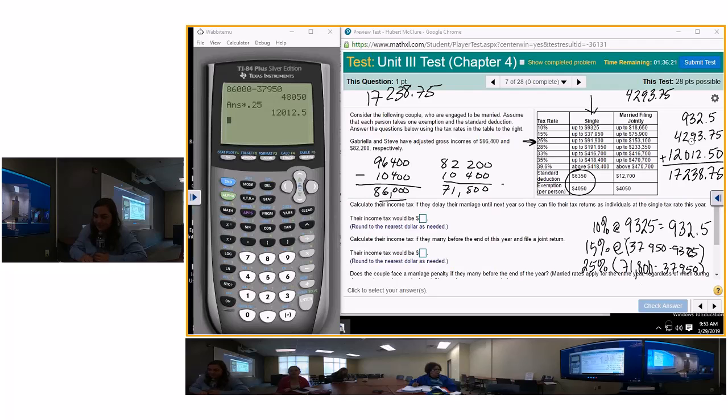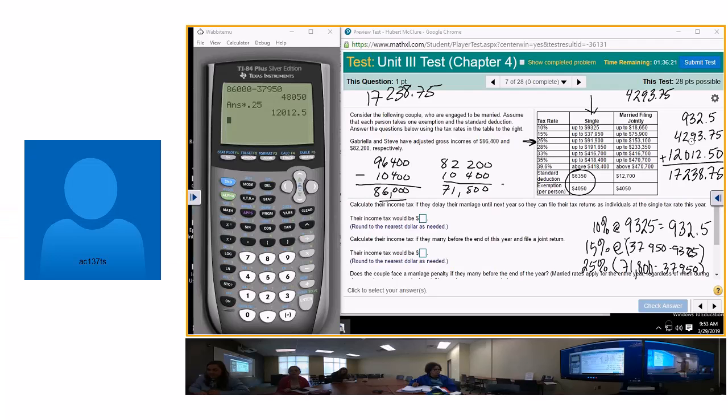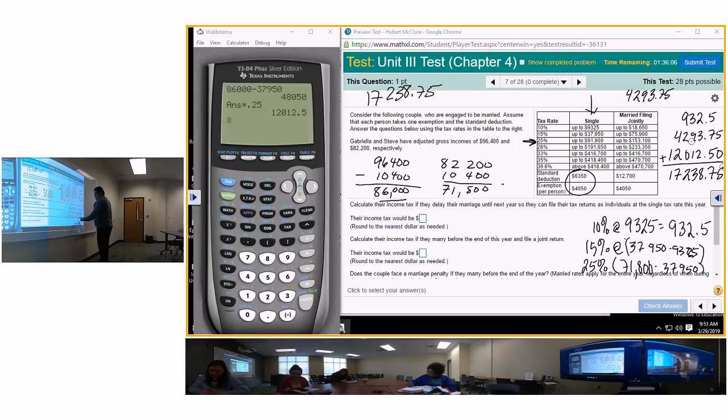So the first two numbers are going to be the same. The last one is going to change. So somebody give me 71,800 minus 37,950 times 0.25.